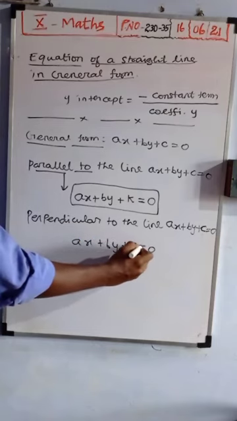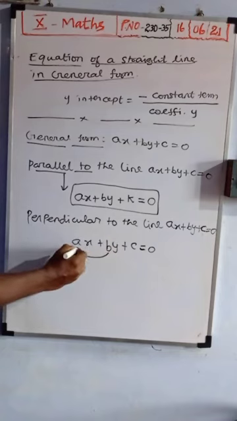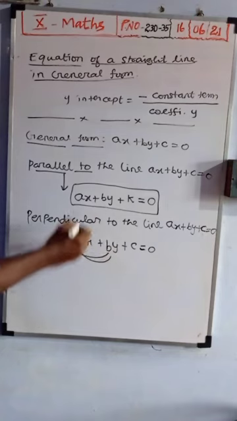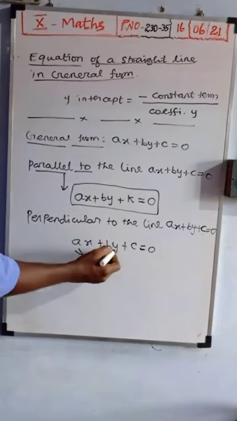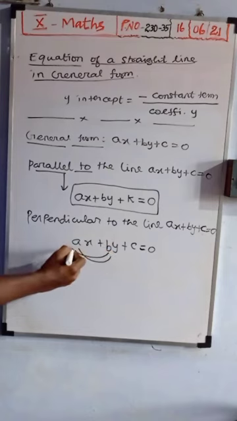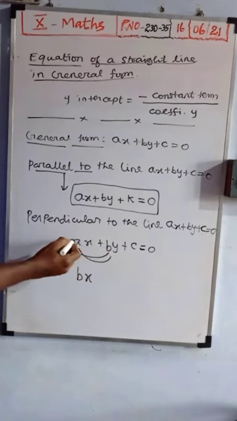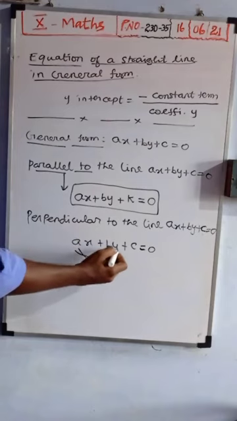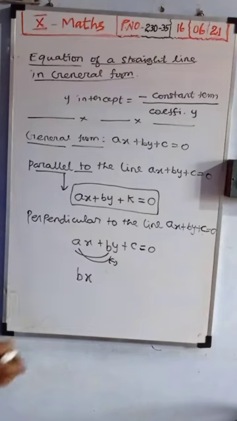So the y coefficient b comes with x, that means bx. Then the a coefficient goes to y, and here you want to change the sign to minus.